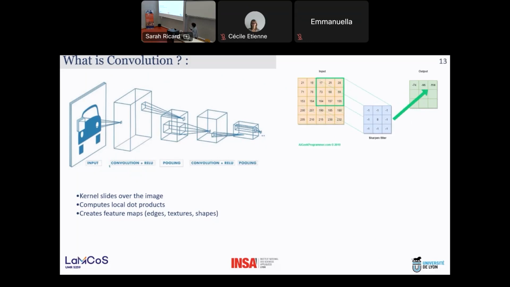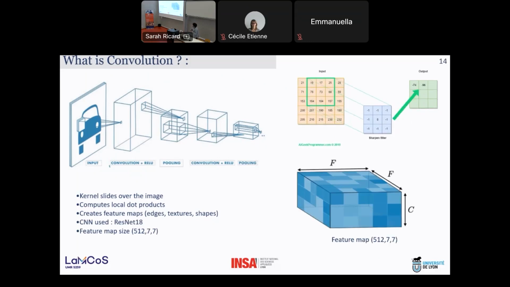By the end of this operation, we obtain what we call a feature map. So from a simple RGB image, we have this feature map here, where F is the reduced spatial dimension, and C is the depth of our image. This is the number of features or characteristics extracted from a single image. And it is made up of blocks. Each single block here is called a patch.